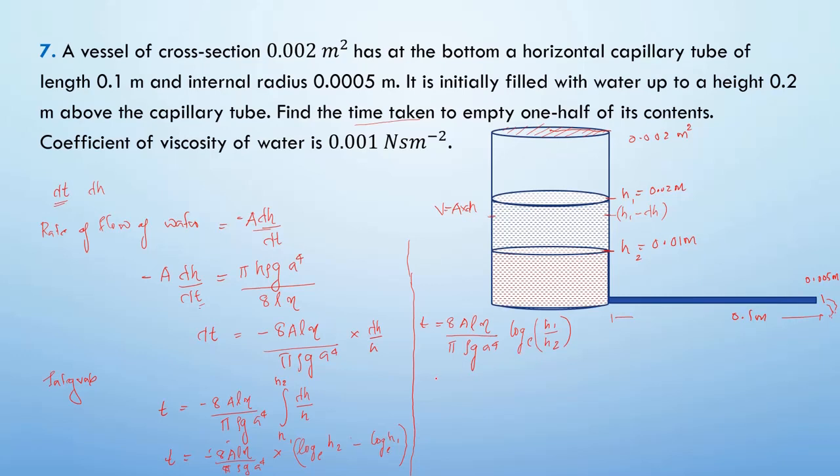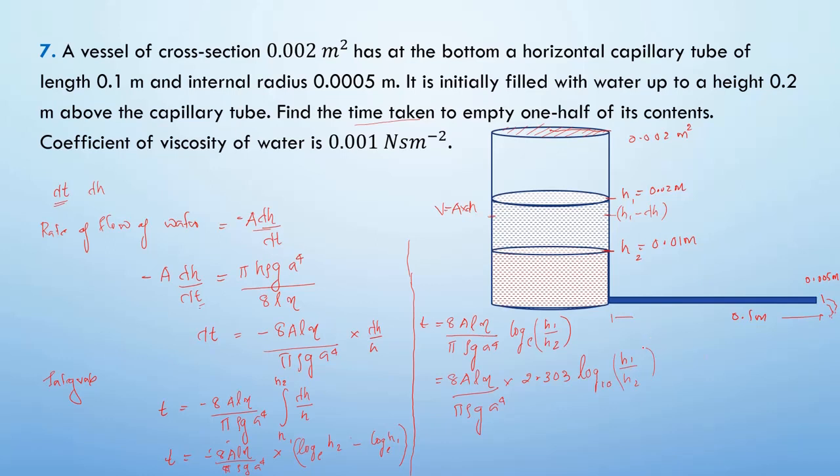To change the base, we just need to multiply it with a constant, that is 8aLη divided by πρg r to the power 4 into 2.303, when I change it from log to the base e to log to the base 10 of h1 by h2.